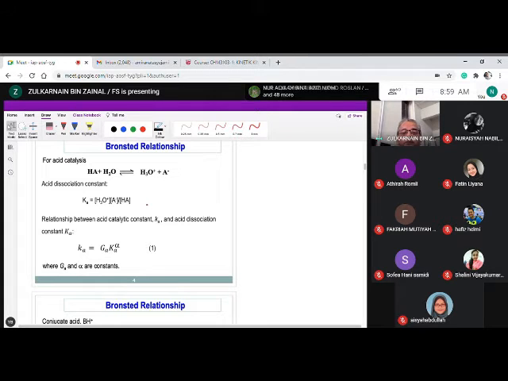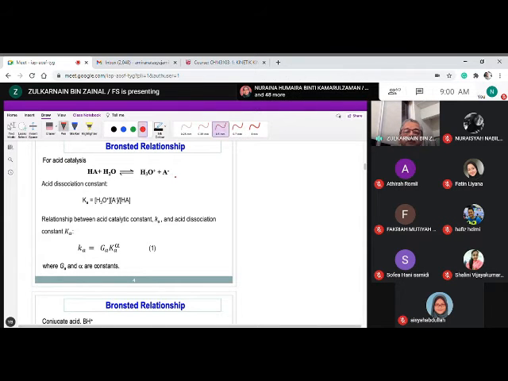If you dissolve acid in water, you will get a certain amount of H3O plus, and that amount will depend on the Ka value and also the alpha value, or not alpha value in this case. This is a different alpha value. What alpha means here is the degree of dissociation of the acid, right?